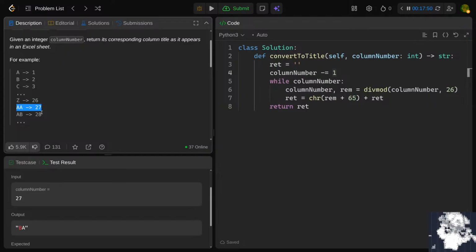Therefore, the first digit is 1. The remainder is 1. So then the next digit is 1 mod 26. So the next digit is 1.